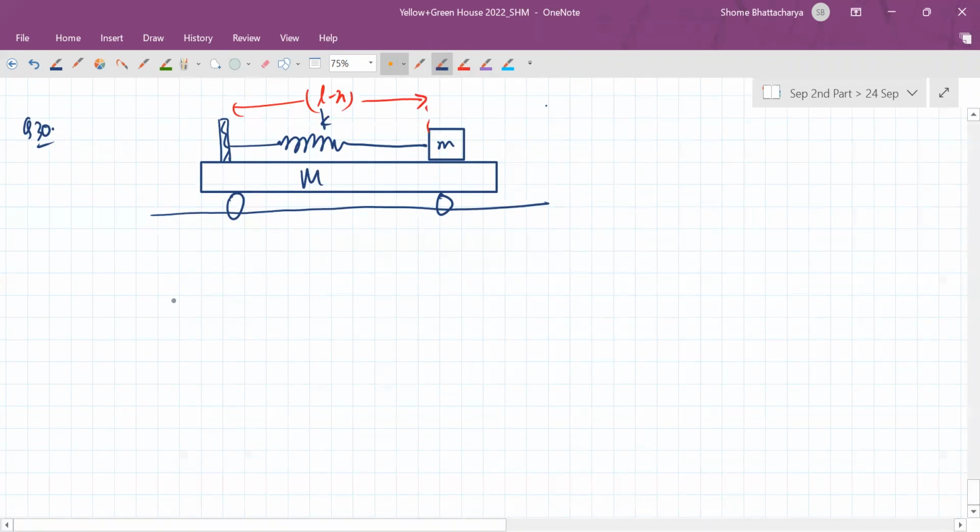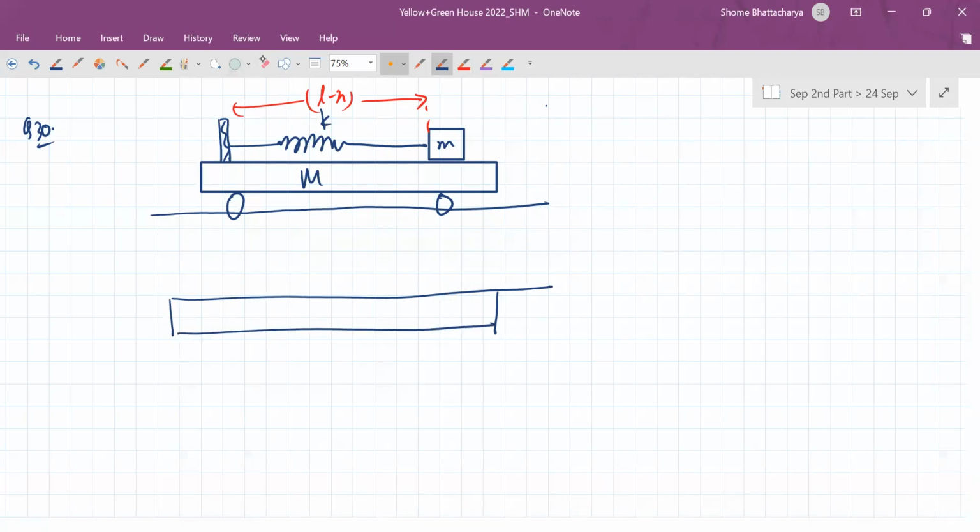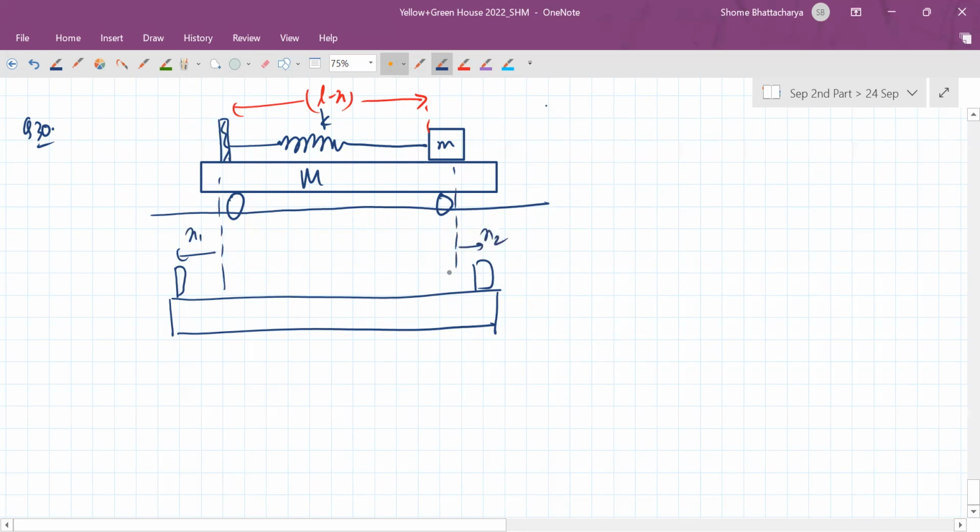As it goes from here to the mean position, this would have displaced by x1, and this would have displaced by x2.